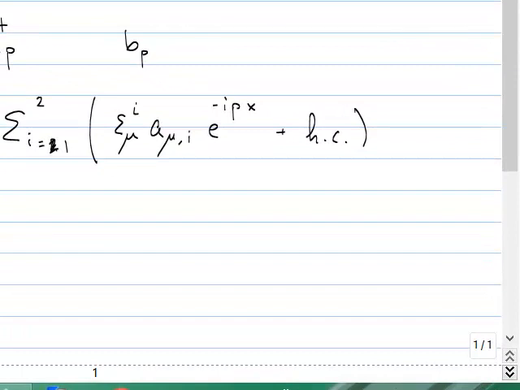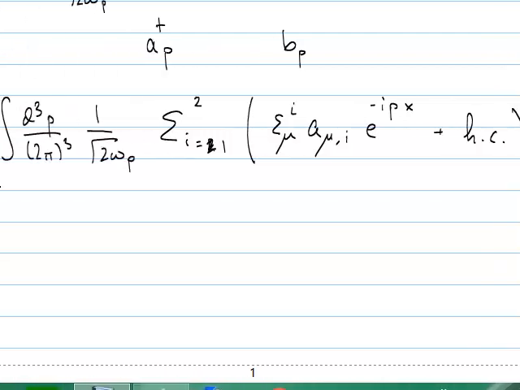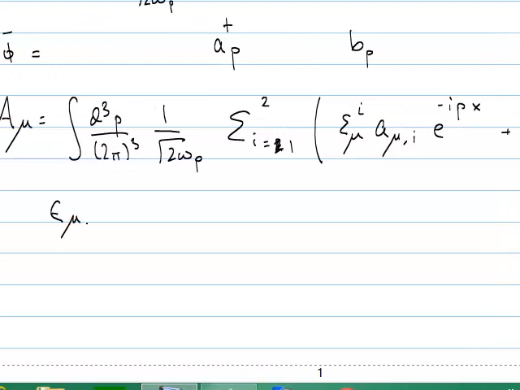I've labeled them by an index i that runs from 1 up to 2, and the epsilons are polarization vectors. Exactly which polarizations you choose depends on your gauge choice, and also it's just a choice in how you wish to label the polarization states of a photon.